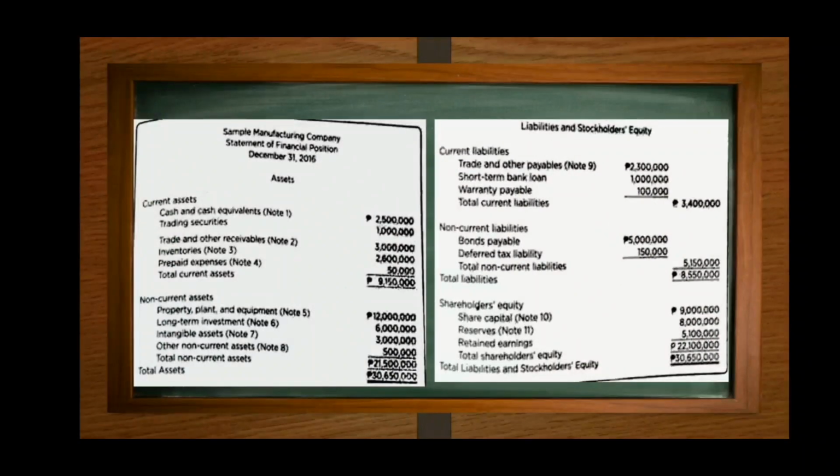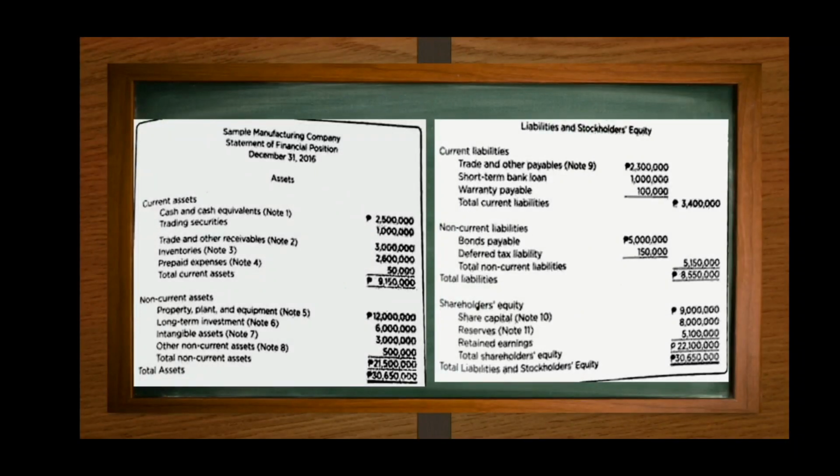Yung last na presentation is yun sa asset, tapos yung liabilities and stockholders equity. So, di ba, sabi residual. Yun yung mga natira kasi di ba sinabi na ay yung tira kapag niless yung liabilities sa asset.